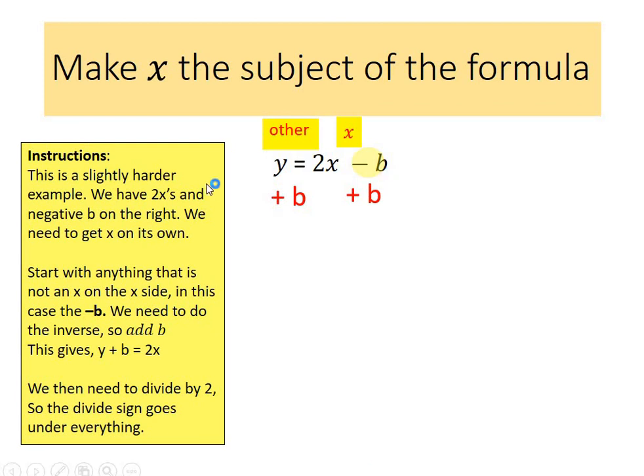So that gives me y plus b equals 2x. To undo the 2x means multiplying by x, so the inverse of multiplying is to divide. So the way I write that would be y plus b divided by 2, written like a fraction, equals x, because the divide by 2 cancels out with the multiply by 2.